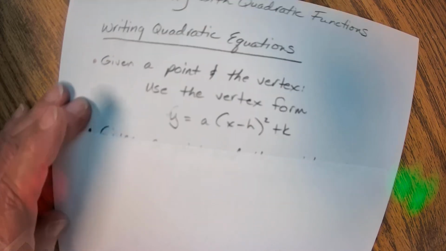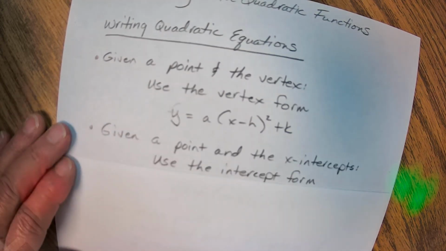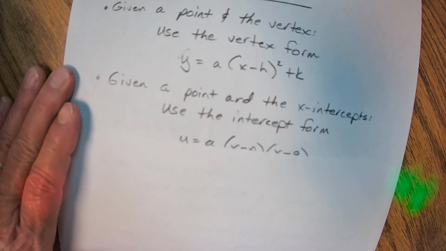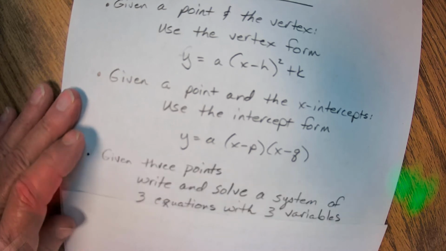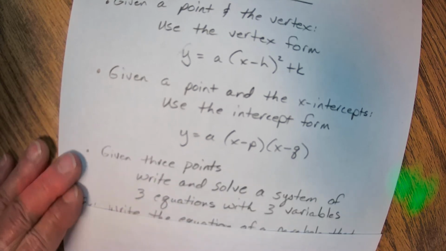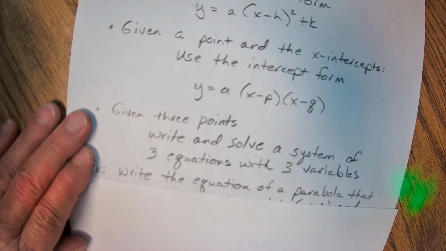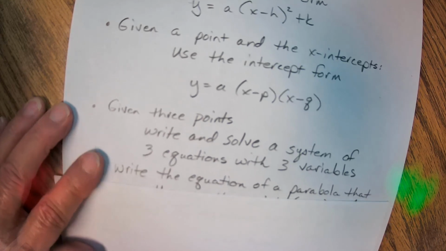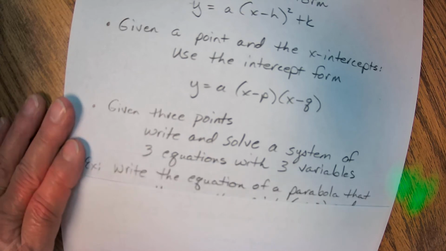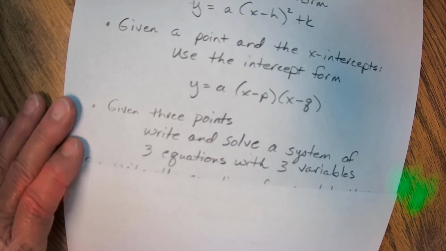Recap of what the vertex form is. If you're given a point and the x-intercepts, you're going to use the intercept form. And if you're given 3 points, I think there's a problem in your exercise set that does this. When you're given 3 points, you're going to write and solve a system of 3 equations with 3 variables.